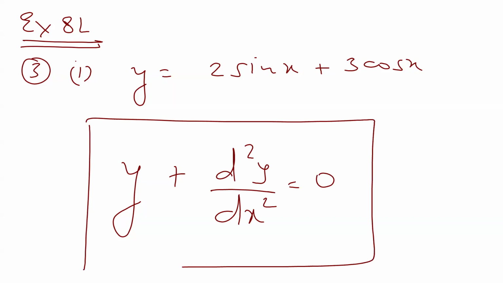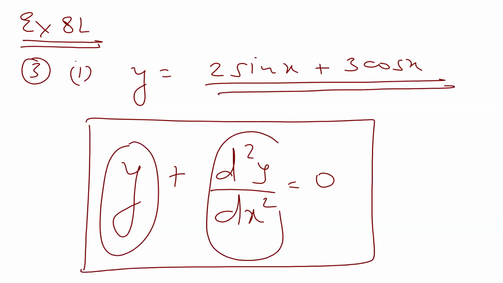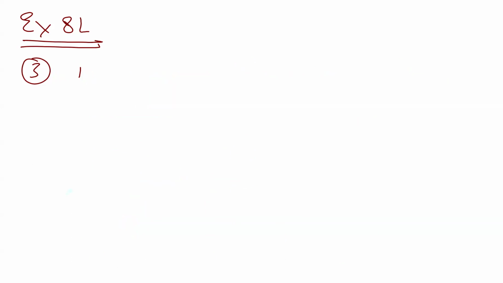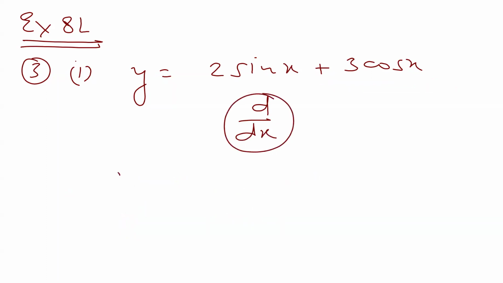So y is nothing but the function itself, and d square y by dx square is nothing but derivating the function twice. First of all, I'm going to derivate it once, derivating this with respect to x on both the sides. So the derivative of y is dy by dx. 2 is a constant.